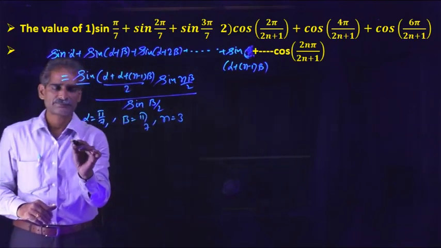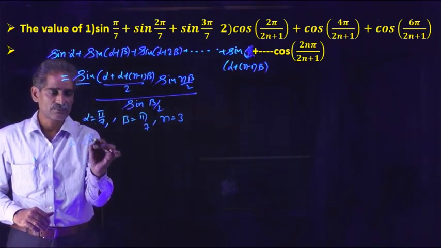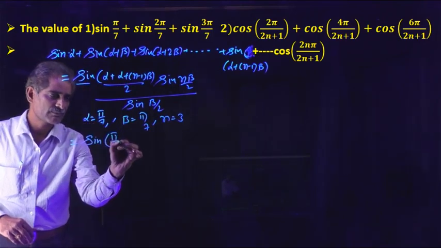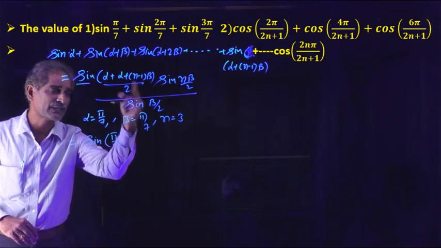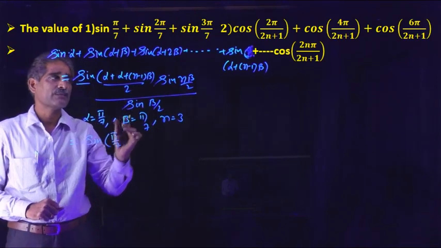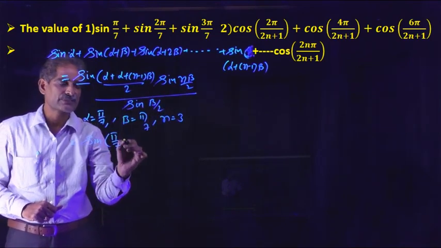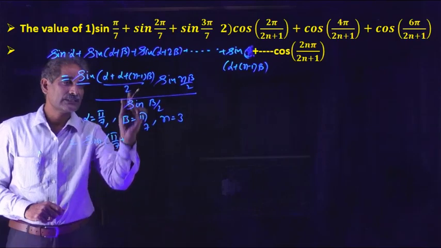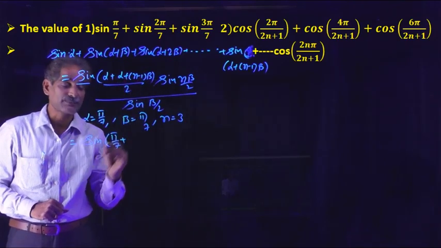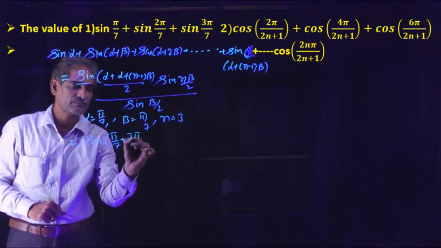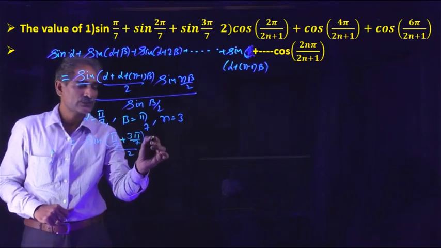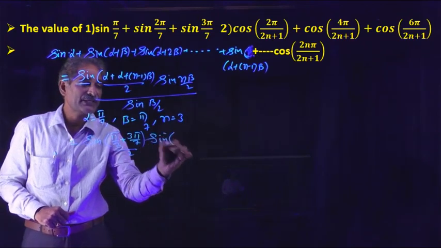So here sine of the sum of the first and last angle, that means pi by 7 plus the last angle, which is 3 pi by 7, whole divided by 2, into sine of n beta by 2.